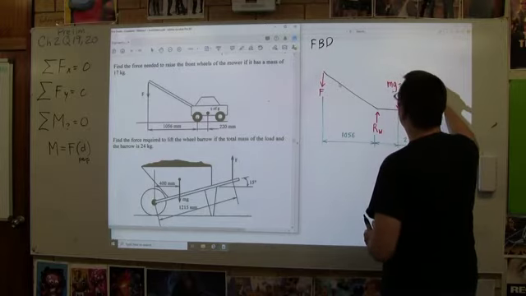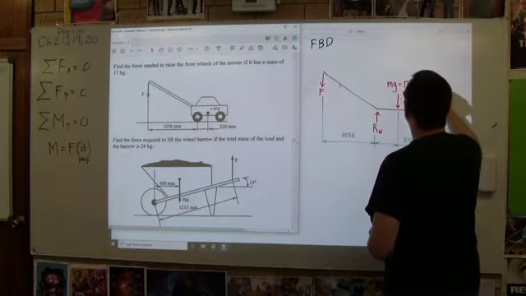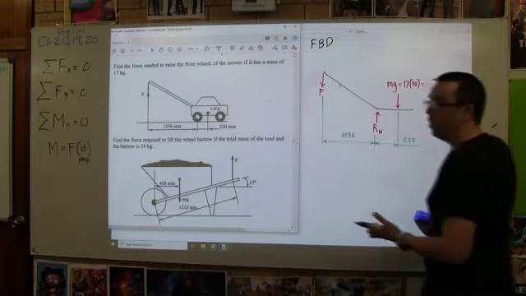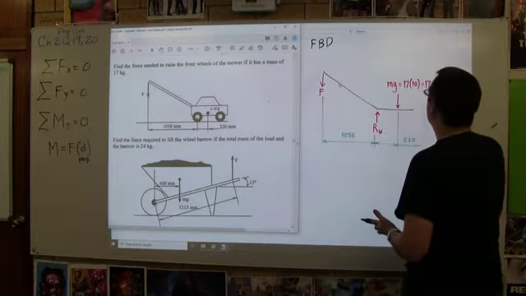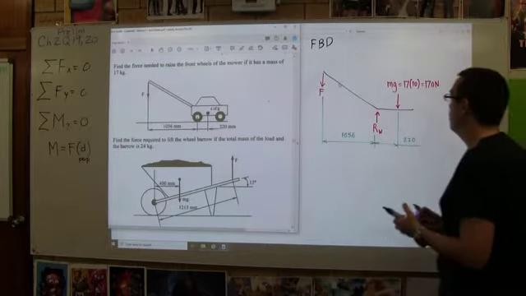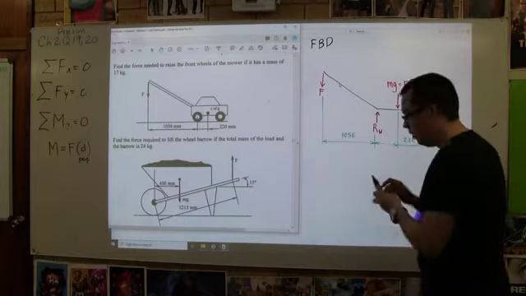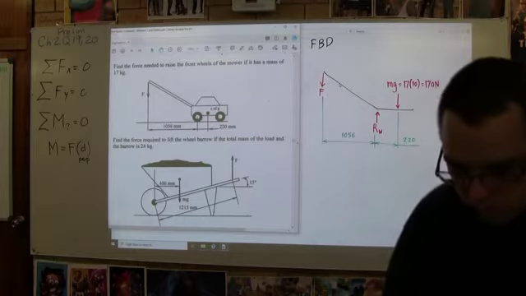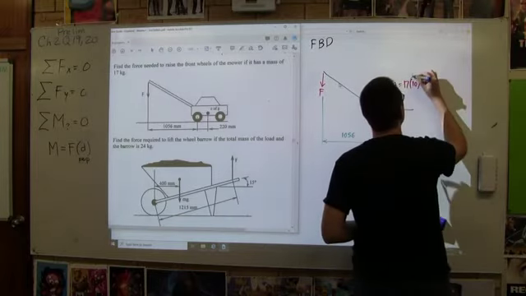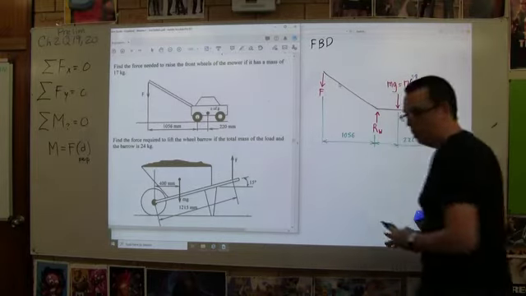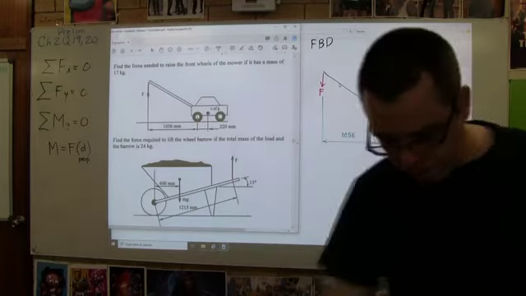What's the gravity of Earth? 10 is acceptable. Technically it's 9.8, but for the sake of our maths, we want to make our maths easy, so we're going to make it 10. It's actually 9.8, but we're allowed to use 10.